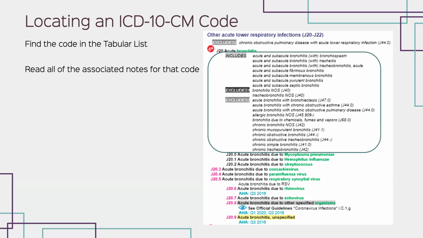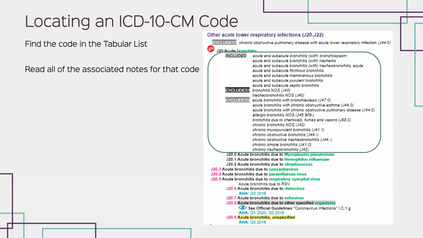But then we also want to make sure that we read all of our associated notes for that code. So our includes notes telling us that we could have additional terms that are used in here. Excludes 1 is going to tell us that it should not be coded using this code. So if they just tell us that the patient has bronchitis and there's no other specific documentation or details about the bronchitis, then we should use J40 instead of J20.